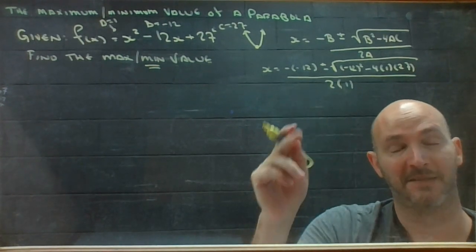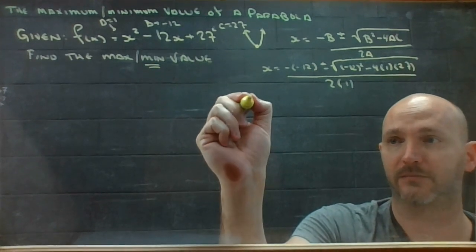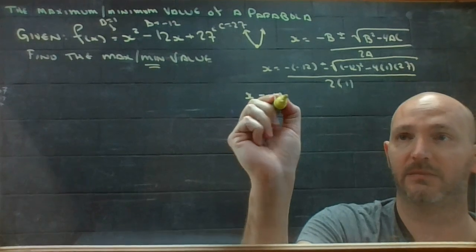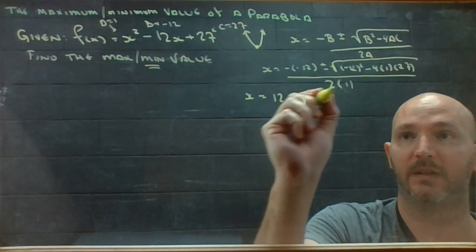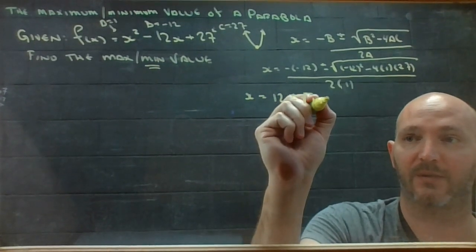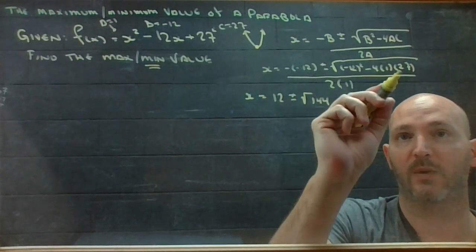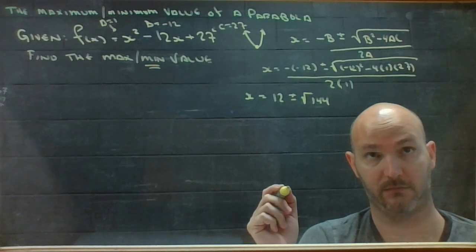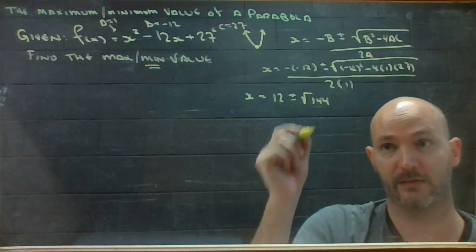Negative negative 12 would be 12, plus or minus the square root of 12 squared, which is 144, minus 4 times 27, which is 108.